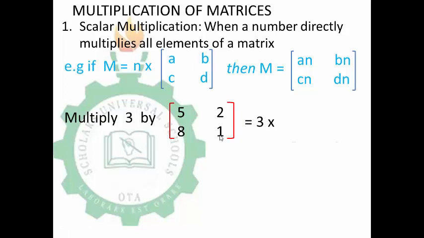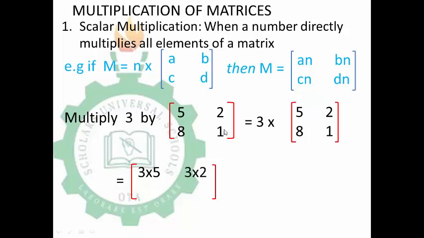You now have 3 multiplied by this, which is the same thing as 3 times 5. That is, this 3 is multiplying this 5. Then we have 3 times 2. This 3 is multiplying this 2. We have 3 times 8, and we have 3 times 1.